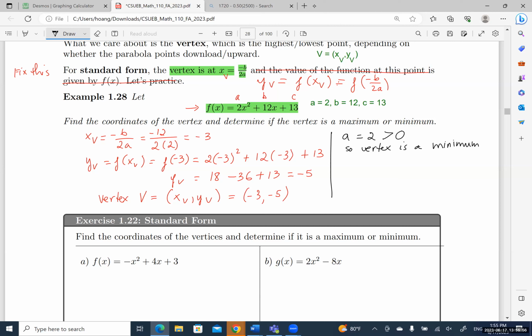Because if a is greater than 0, it's going to be an upward parabola, so the vertex would be the minimum, all right? Okay, so that is for example 1.28.